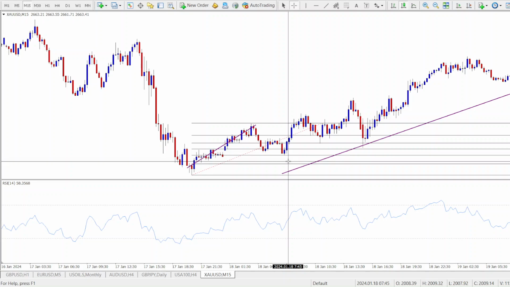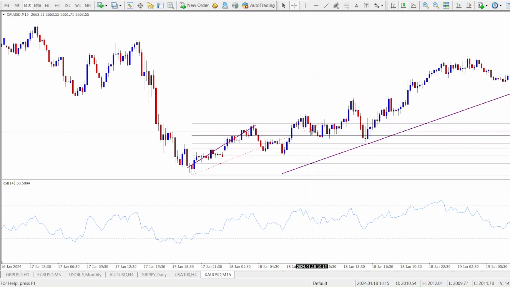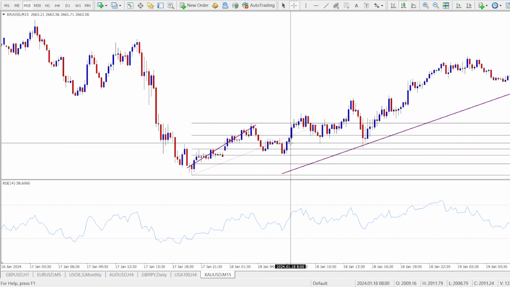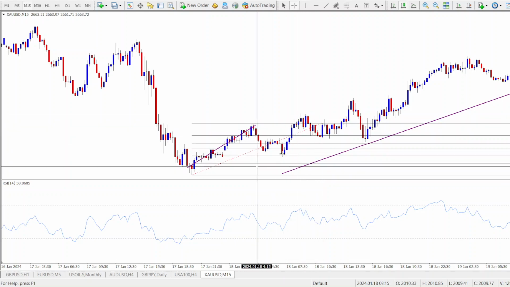But for the sake of scalping, you can consider 1 to 1. So if you are risking $1, then your profits should not be less than $1, right? So if you enter a buy around here, then your stop loss can be around here. Your take profit can be just at the nearest resistance level, all right? Because you could have a rejection. So it's better you lock in your profits and look for another opportunity, okay?